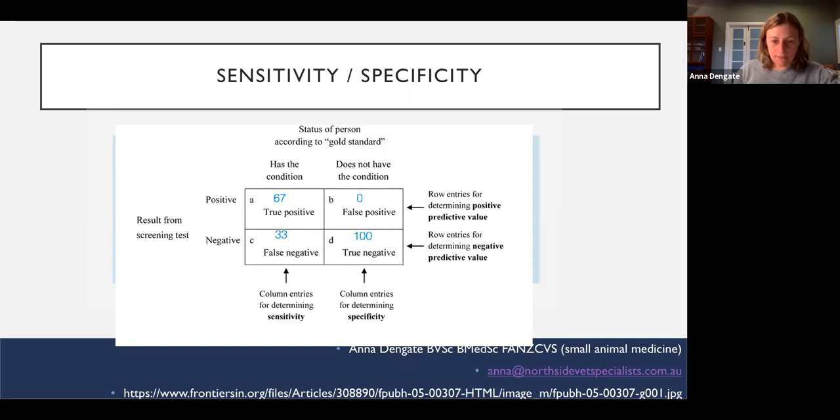Yep. Excellent. So if you get a negative test for lepto using the gold standard, 33 out of 133 times, that's going to actually be a disease positive patient.